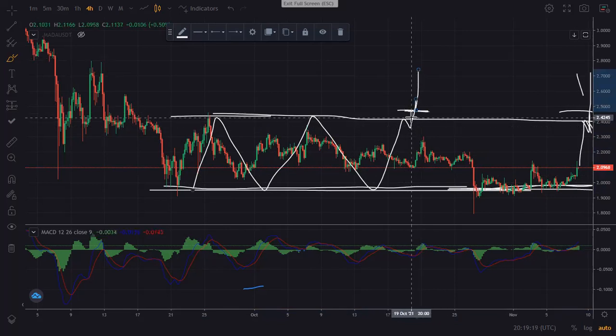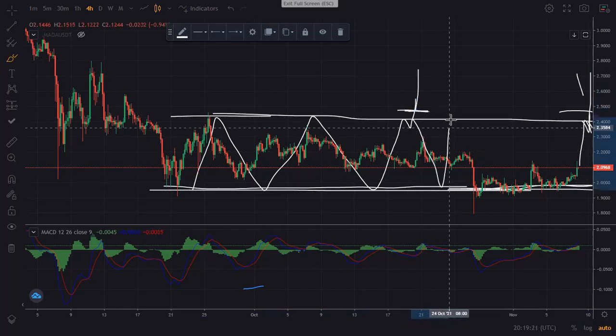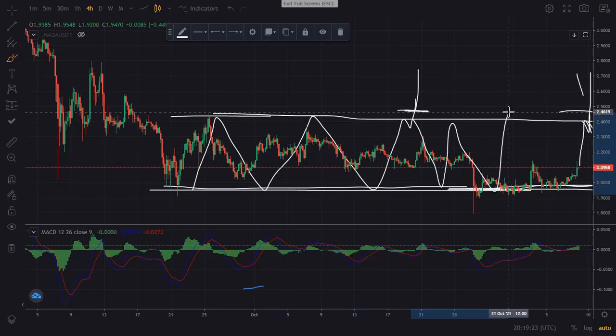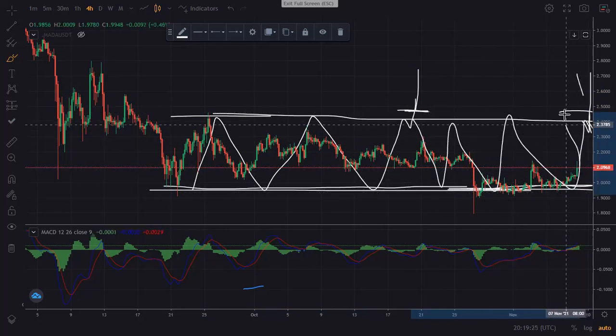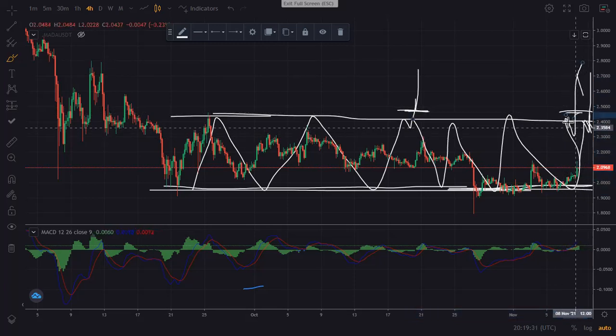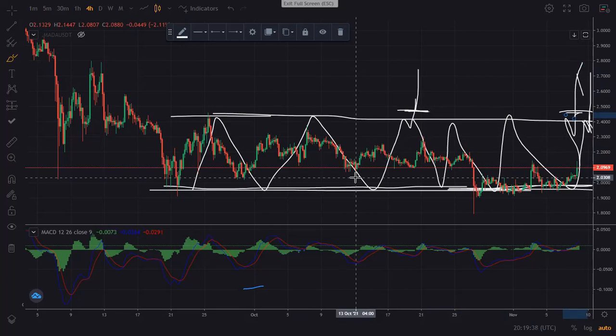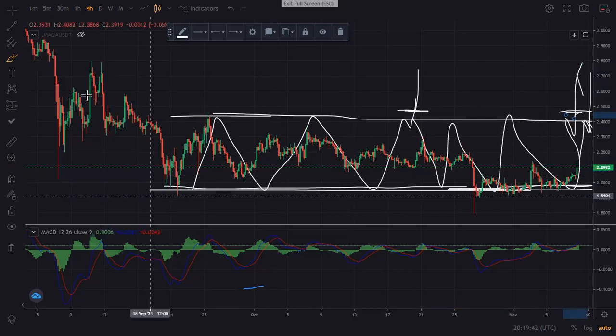So it will test and go back, test and go back, test and go back. Once it tests and comes back a bit and goes up, enter this market once it passes that line that you are using as boundary. So that's another way to identify when the market is breaking out from a ranging market.